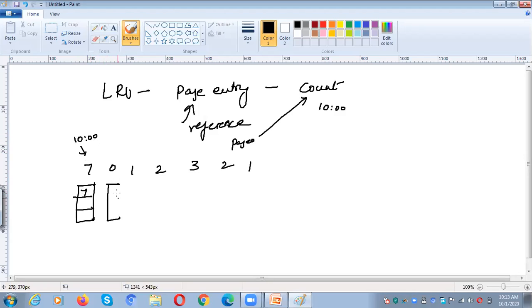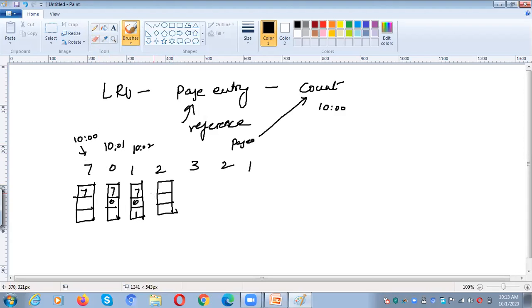After that, 0 is not there, so I kept 0 in the main memory at 10 1. Next, page 1 is also not there in the main memory, again a page fault. So 7, 0, 1 at 10 2. And then 2 is not there in the main memory.